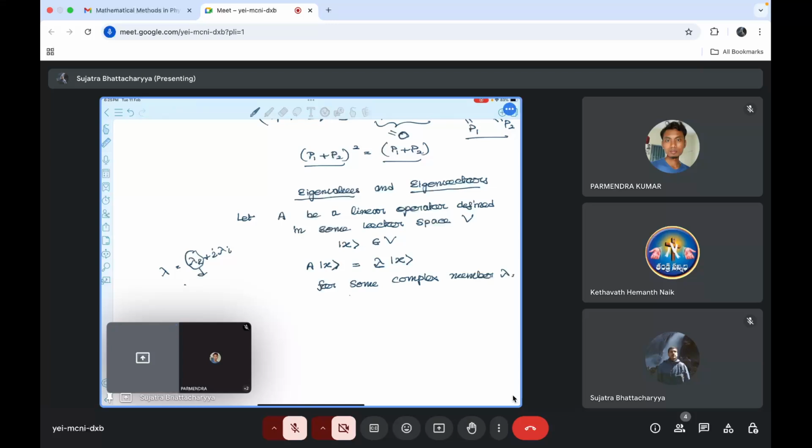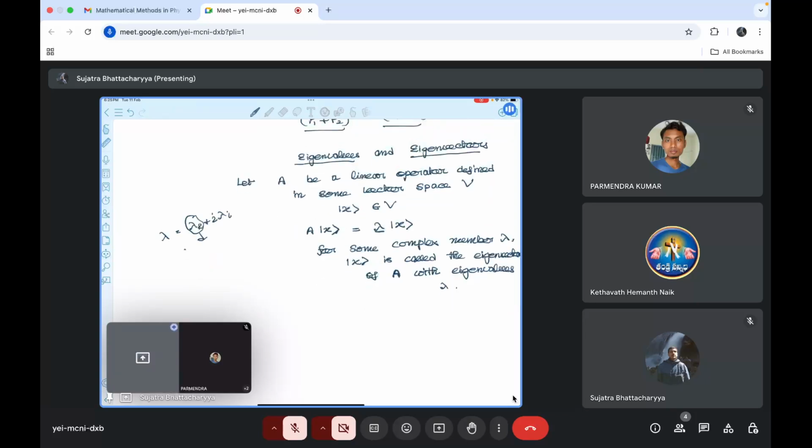And also x is called the eigenvector, of course, of what? Of this operator A, eigenvector of this operator A with eigenvalue lambda. So if you write it again, Ax is equal to lambda x.